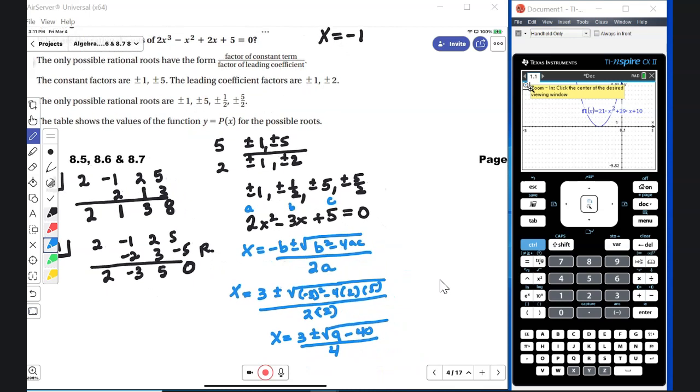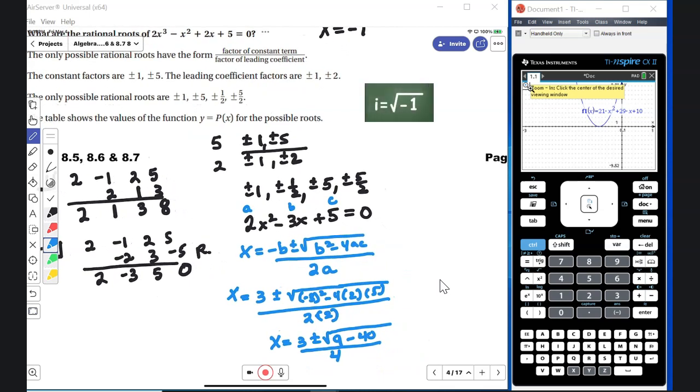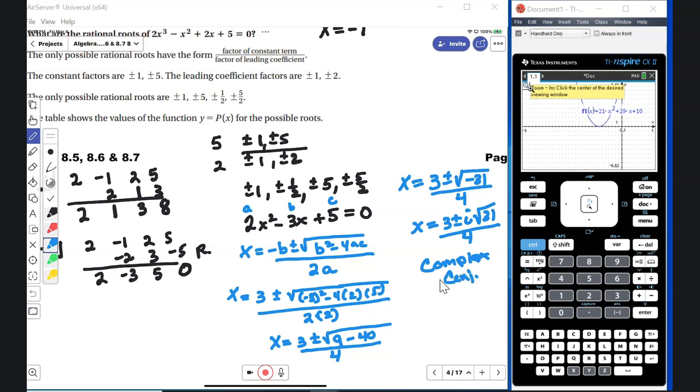So we have x equals 3 plus or minus the square root of negative 31 divided by 4. So the two remaining roots are going to be 3 plus or minus i square root of 31 divided by 4. And this is a complex conjugate. Remember what I told you last lesson, that these will come in pairs.